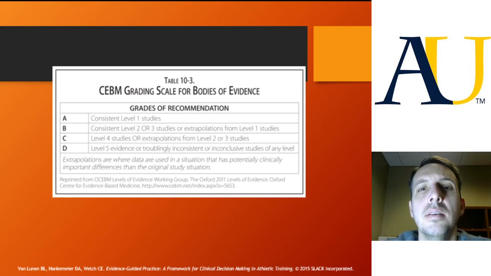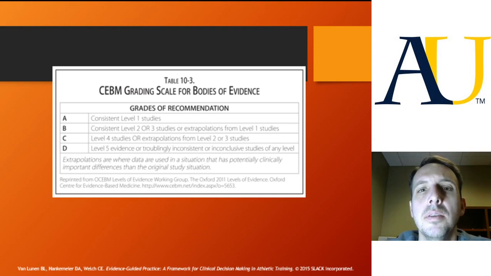And so they have these letter grading scales where A then is consistent level 1 studies, and then it becomes relatively simple, whereas B is level 2 or 3 studies, C is level 4 studies, and D is level 5 studies, right? And if you have consistent evidence, all of the studies are saying a specific thing at the same level, then that's the level you get.